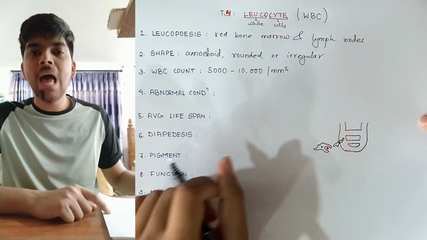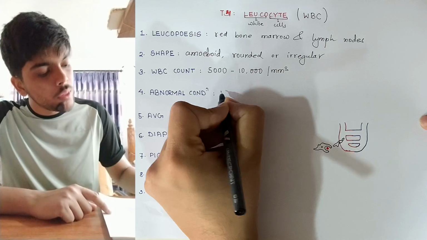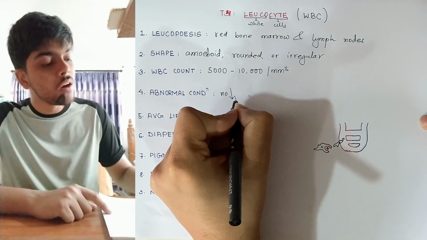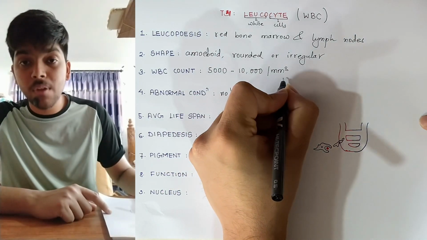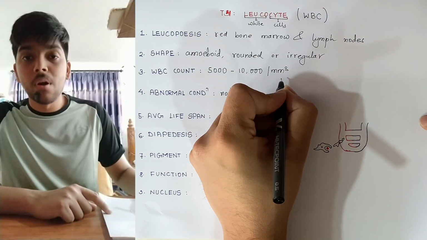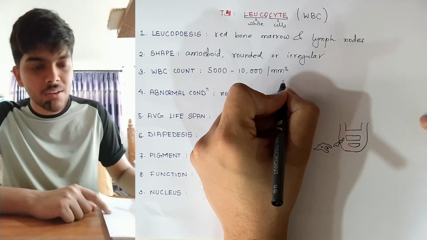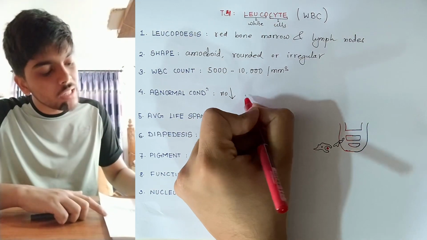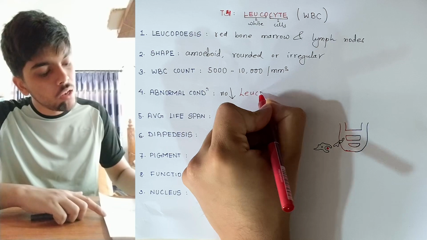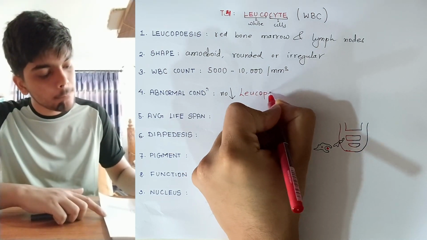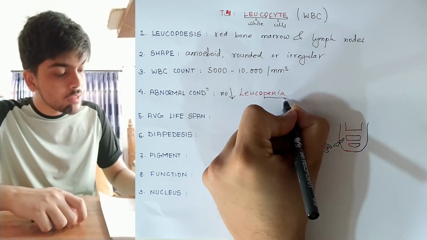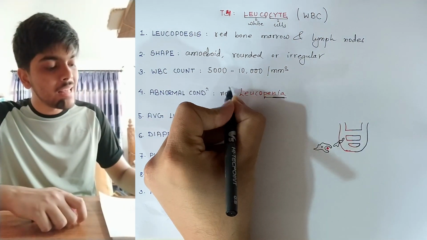Number 4 is abnormal condition. When the number of WBC is less than the normal WBC count, that is 5,000 to 10,000 per cubic millimeter, then that particular abnormal condition is known as leukopenia. Whenever you see penia, that refers to less in number.